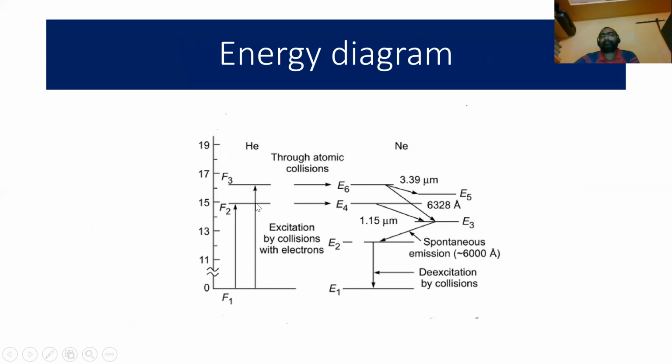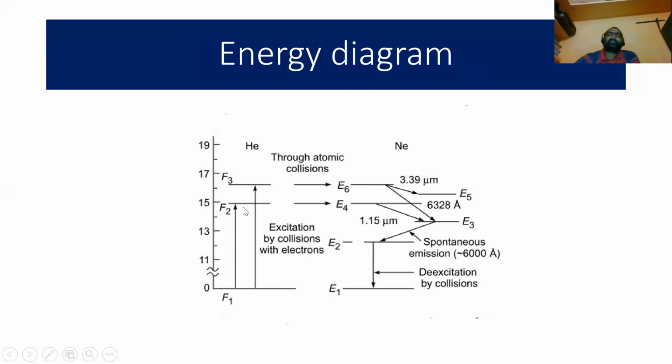For example, if a helium atom from F3 makes a collision with a ground state neon atom, the ground state neon atom gets the energy and rises to the corresponding energy level E6, because the F3 helium atom gives an equal amount of energy to the neon atom to rise to the equivalent energy level E6.